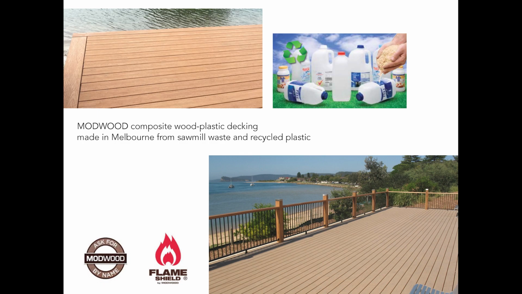It's also available in BAL 40 bushfire resistance. Other wood plastic deckings are best avoided because they're manufactured mostly in countries where OH&S around volatile plastics is poor, and they also often draw on virgin forest and petrochemical resources.